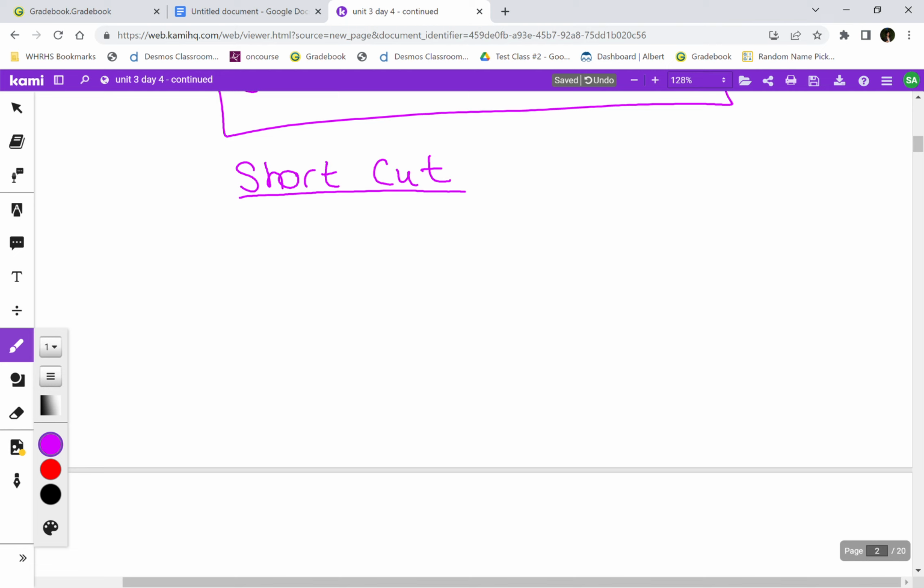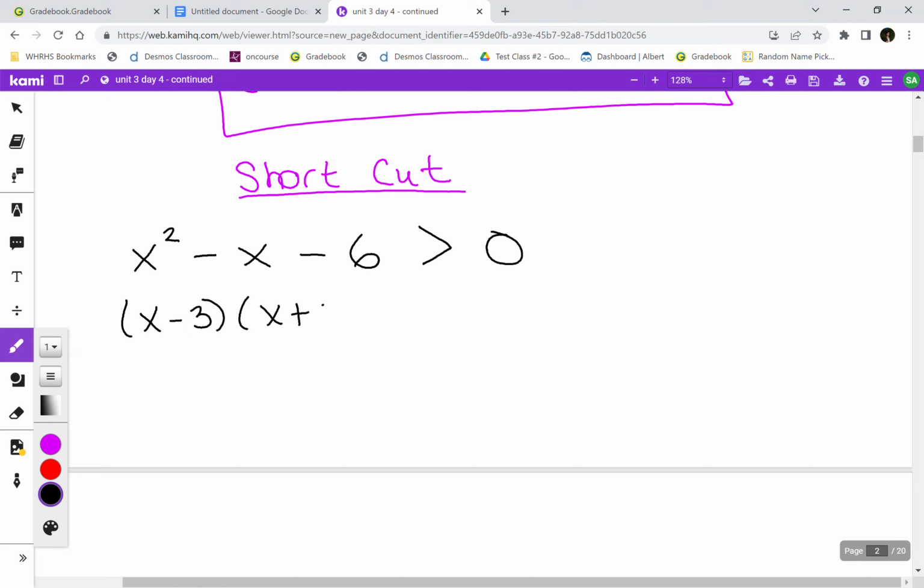All right, I'm going to take the same problem, x squared minus x minus 6 is greater than 0. We're still going to factor our quadratic, and we're going to get x minus 3 and x plus 2.